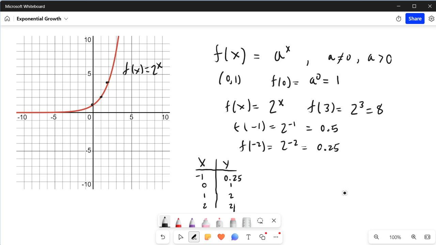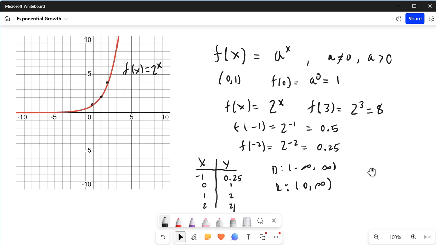So here we have this graph right here, and of course, we can say that the domain of this is from minus infinity to infinity. Okay, and then we have the range. Well, the range is from 0 to infinity. So we can do this for any graph as long as the a is always positive.